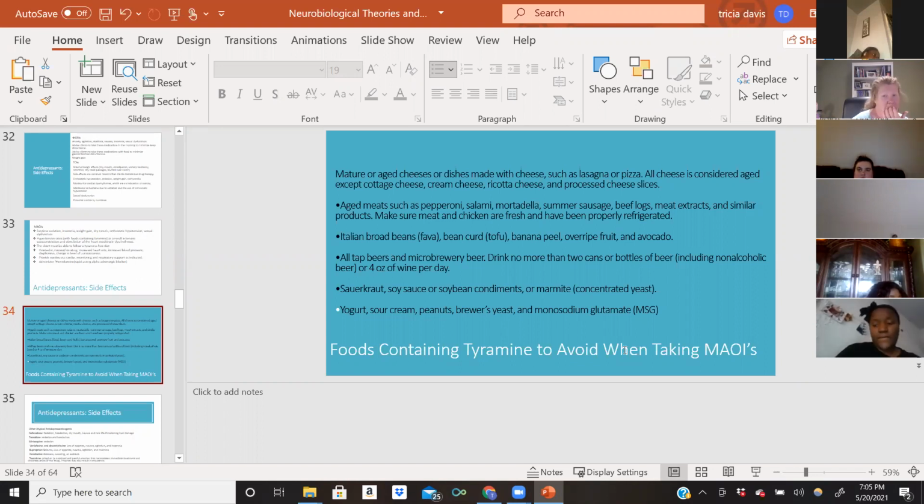Also sauerkraut, soy sauce, soybean condiments, or Marmite, which is concentrated yeast. And then yogurt, sour cream, peanuts, brewer's yeast, and monosodium glutamate, MSG. There is a lot of MSG in Chinese food sometimes.